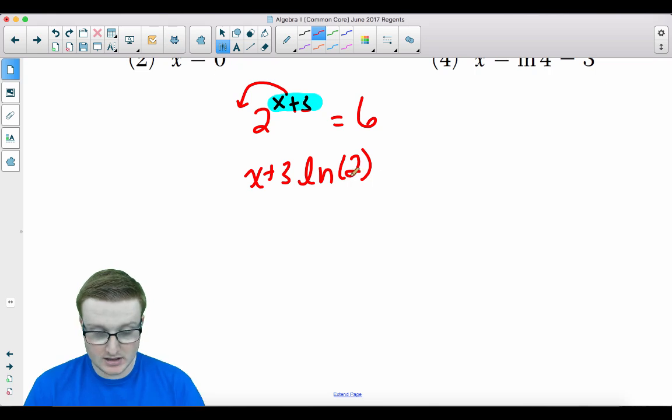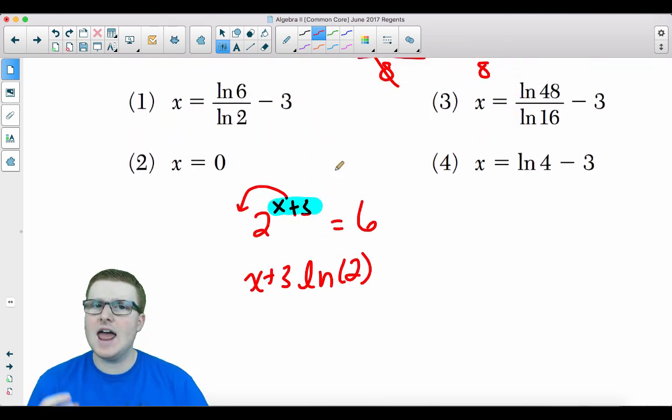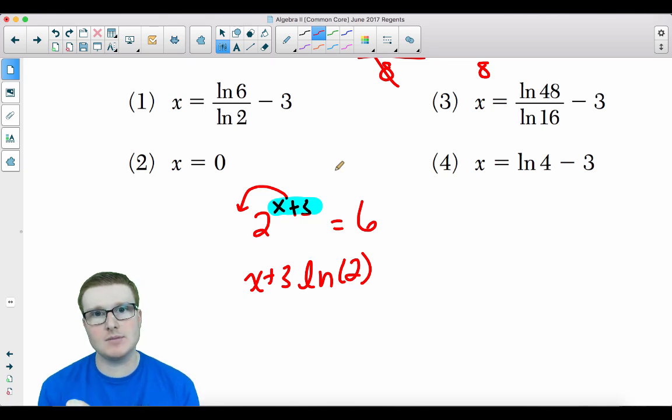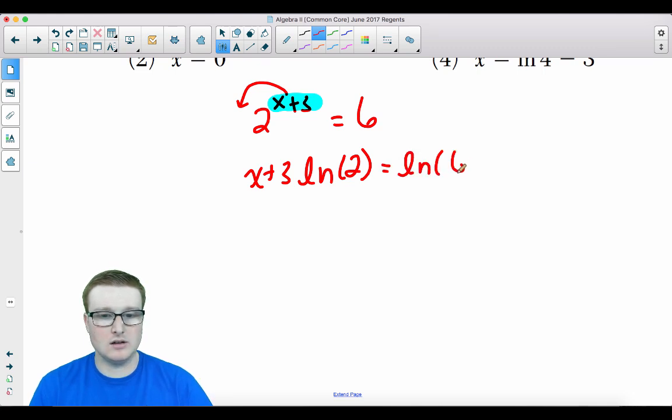You're going to see very quickly why I chose ln, because all of your answer choices are in ln. Ln and log essentially mean the same thing at your level, okay? So x plus 3 times the natural log of 2 equals the natural log of 6. Well now all we got to do is divide by the natural log of 2.